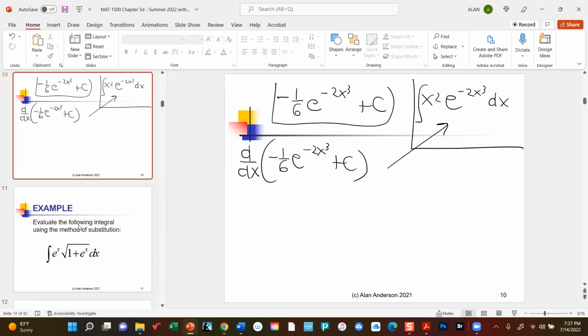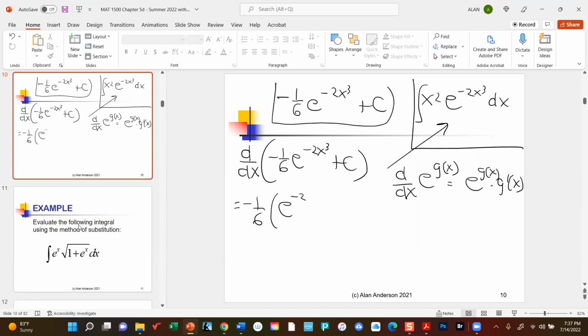Now, here's one thing we need to remember. When you're differentiating e to some function of x, you're going to get e to the g of x times g prime of x. That's the chain rule applied to e to the x. So we're going to have minus 1/6. We'll factor that out. We'll start with e to the minus 2x cubed. And then here we'll have the derivative of the exponent.